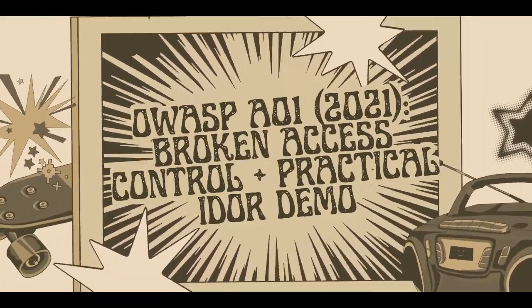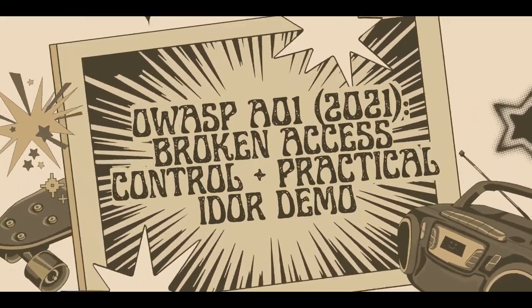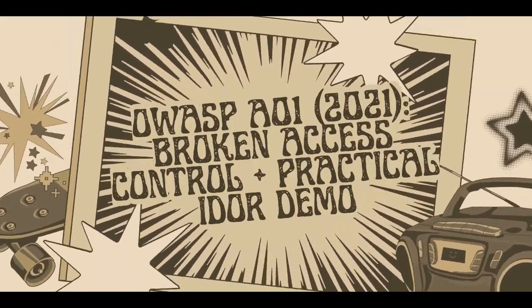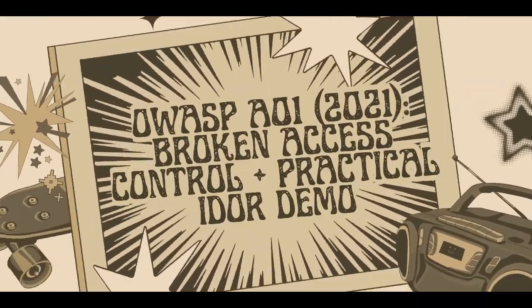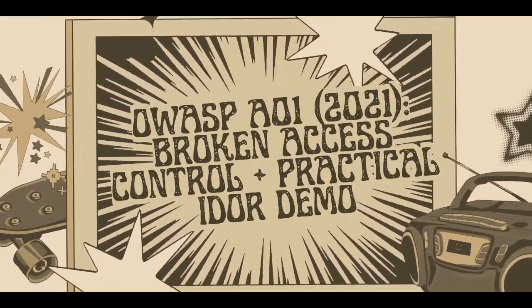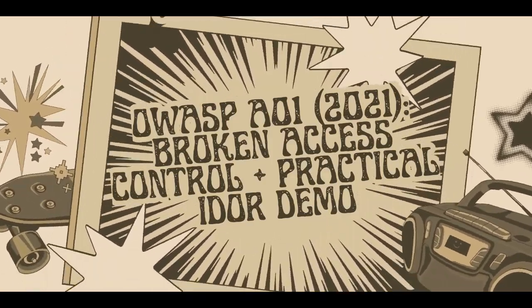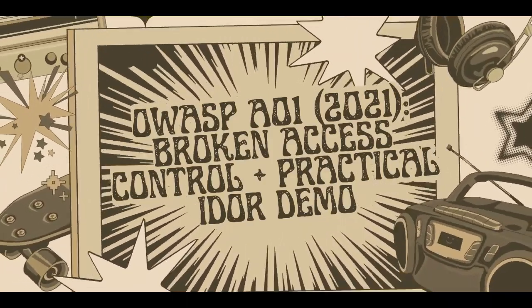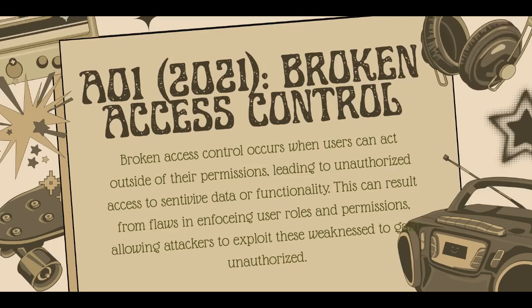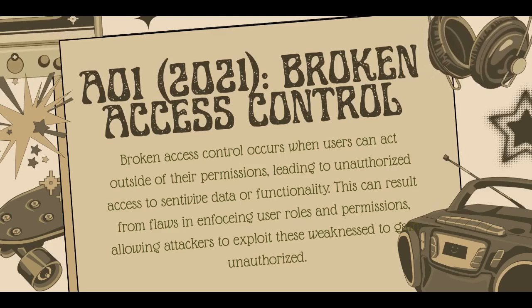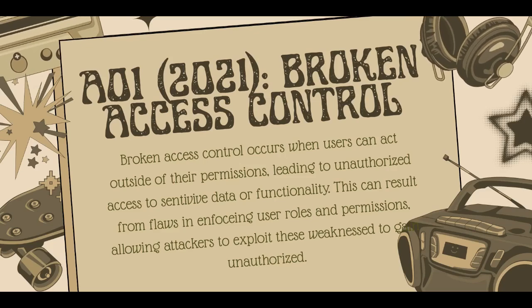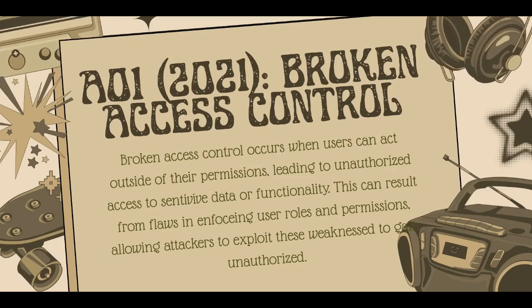And one of the most famous forms of this vulnerability is IDOR, insecure direct object reference. Explained in simple terms, broken access control occurs when a user can act outside their permission, leading to unauthorized access to sensitive data or functionality.